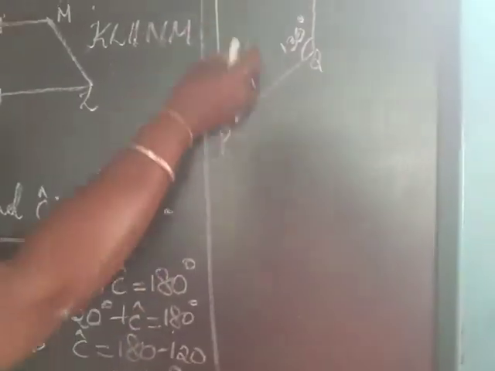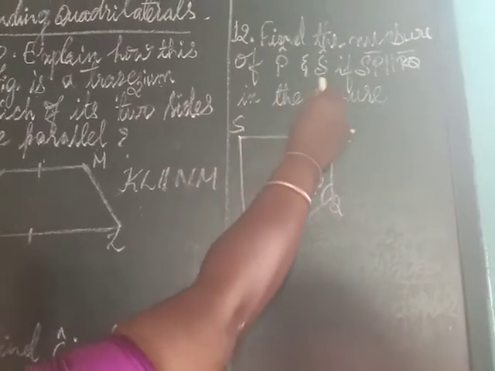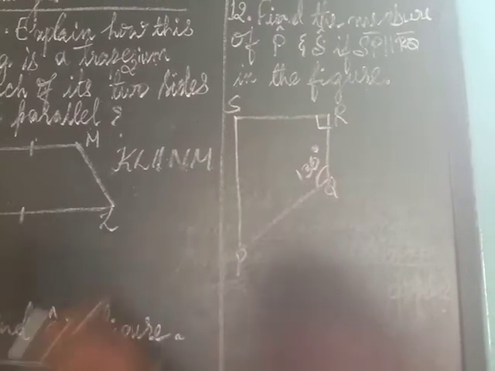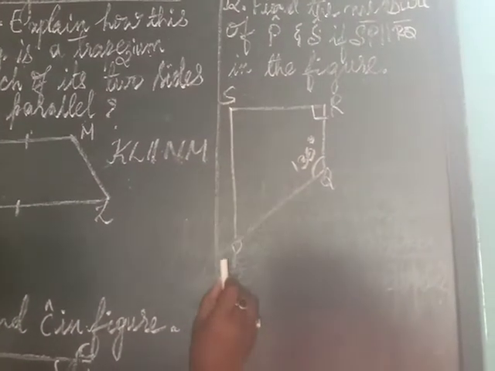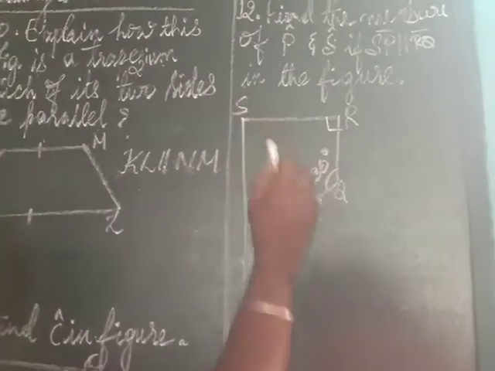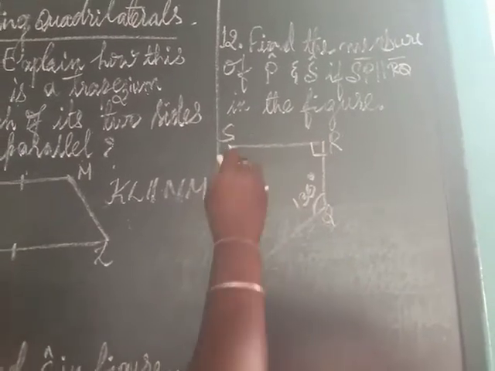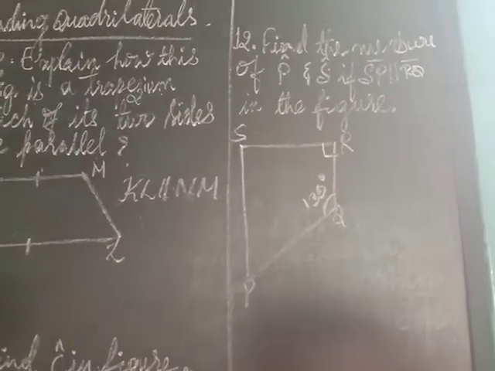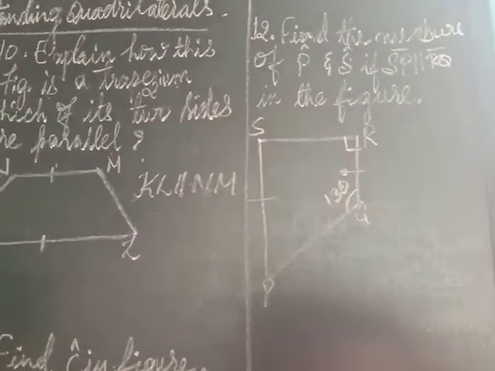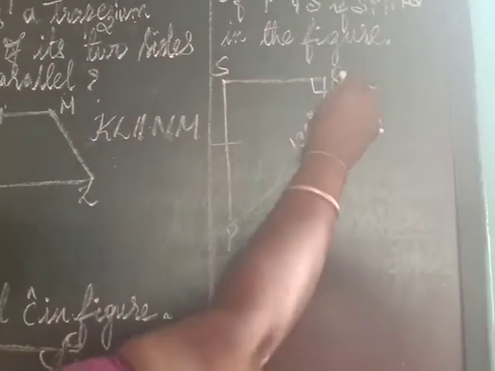Then let us move to the 12th question. Find the measure of angle P and angle S if SP is parallel to RQ in the figure. Listen here all of you children, and observe this figure PQRS. What type of quadrilateral is it? It is a trapezium, and we have one pair of parallel sides. SP is parallel to RQ.